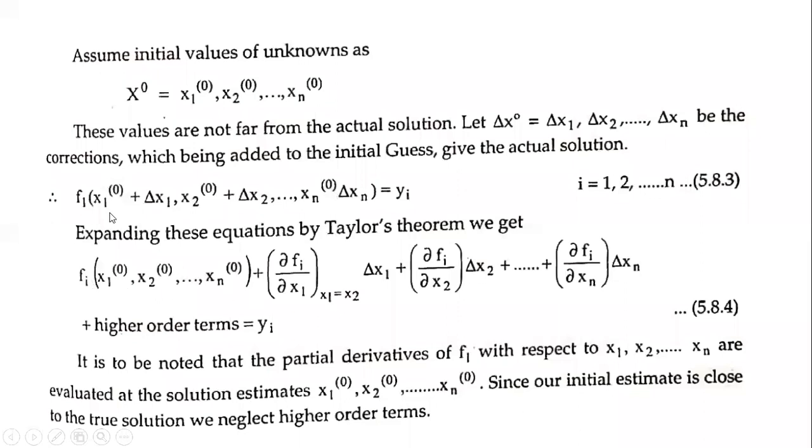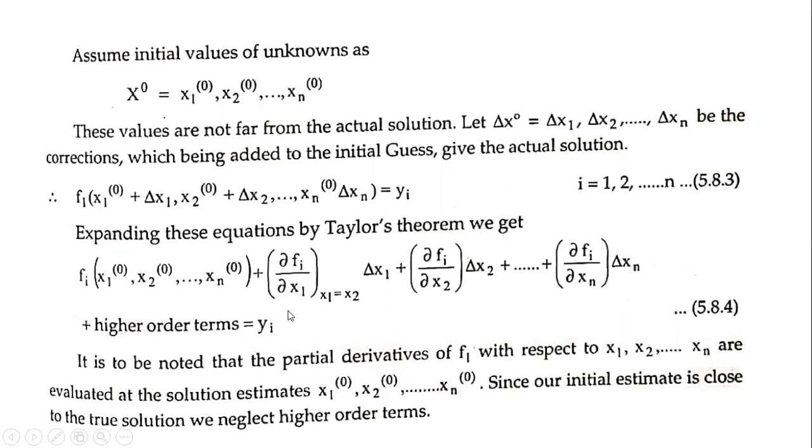So fi of x1 of 0, x2 of 0 and so on up to xn of 0, plus dou fi by dou x1 evaluated at the initial values into delta x1, plus dou fi by dou x2 into delta x2, and so on, the last one being dou fi by dou xn into delta xn.